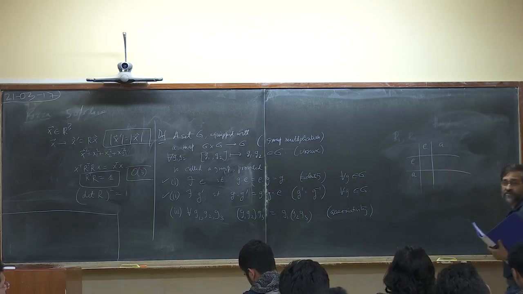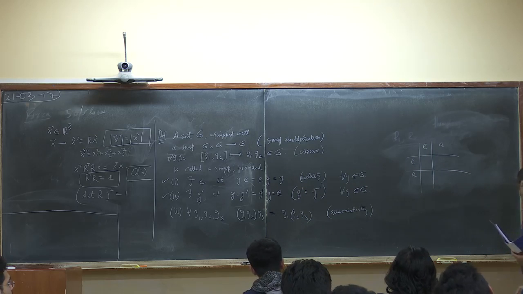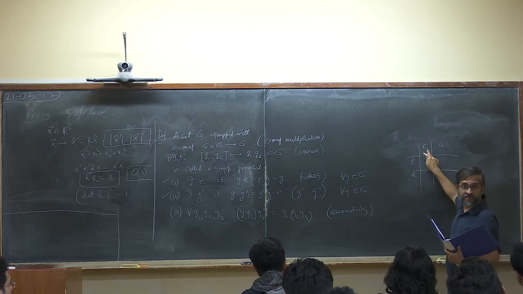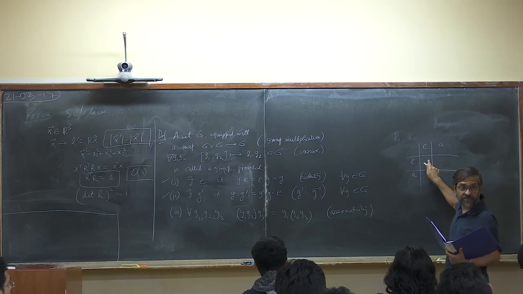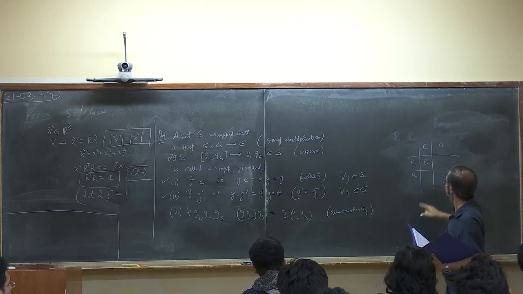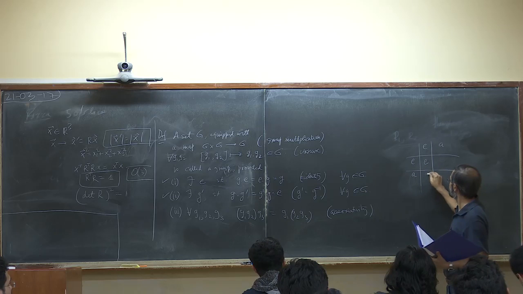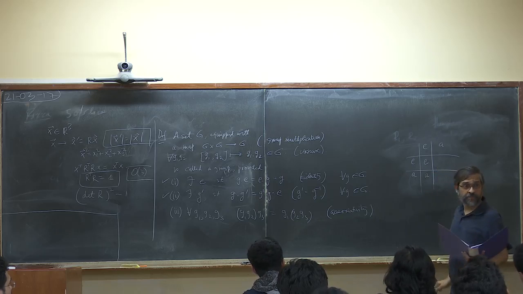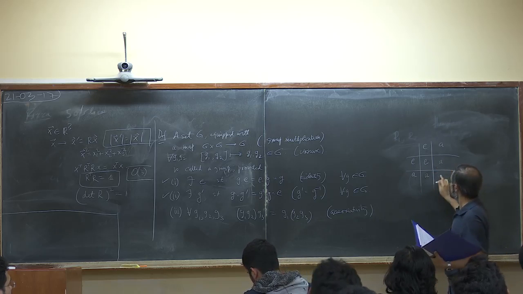Okay, let's start filling out if we can. Here the notation is that this thing times that is what comes in here. So what should be here? E. What should be here? A. What should be here? A. Now what should be here? E. Why?